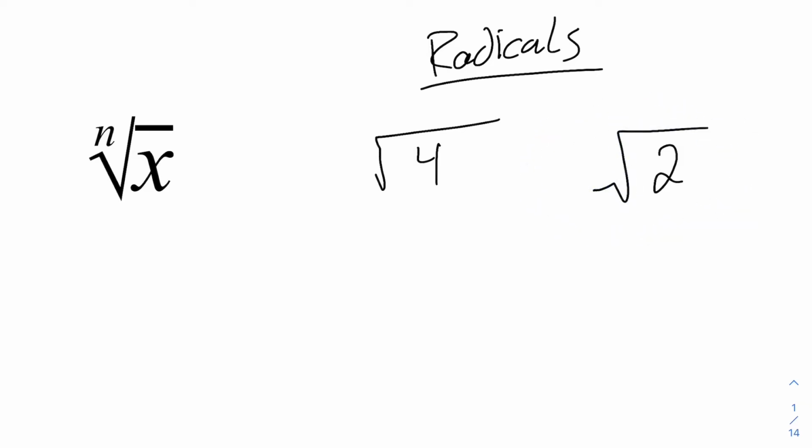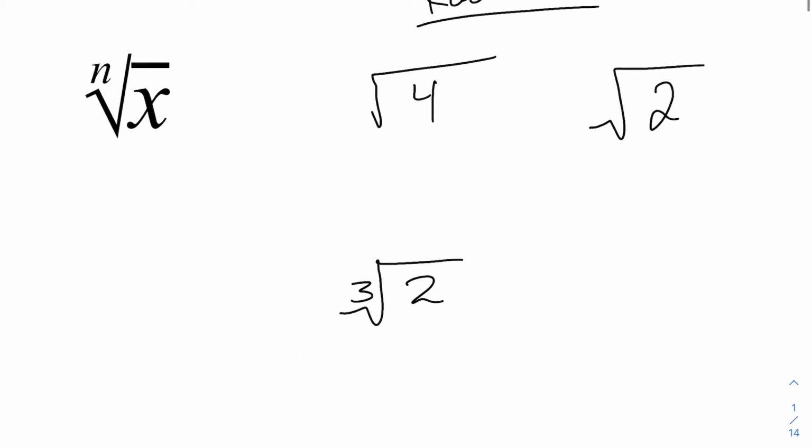What happens if we do that? These two things are not the same. This is known as cube rooting. So you would say the cube root of 2. That's how you would pronounce that. What happens if you had a 4 here?